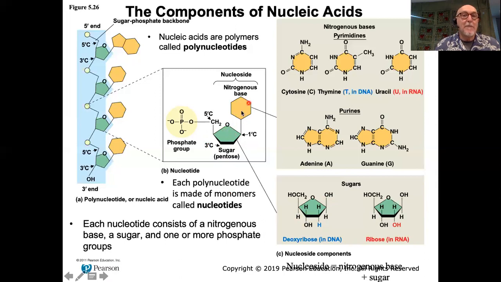We get 5 different bases, 2 different sugars. Now, all of the nucleotides, when they're free in the cell, have 3 phosphate groups attached. If I want to make the polymeric nucleic acid, then I can add nucleotides to an already existing chain. But there's a very, very strict rule that you must remember.